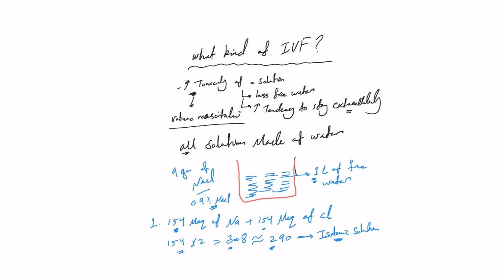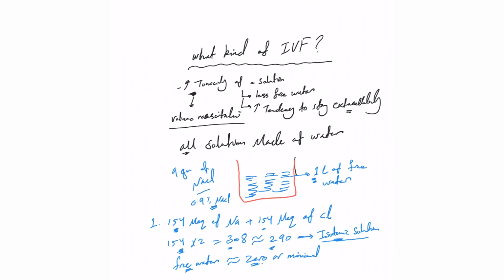This means that this water is full of these sodium chloride molecules. So free water in this solution is almost equal to 0, or minimal, just to be more accurate. So the tonicity is on the high side, equal to the body tonicity.